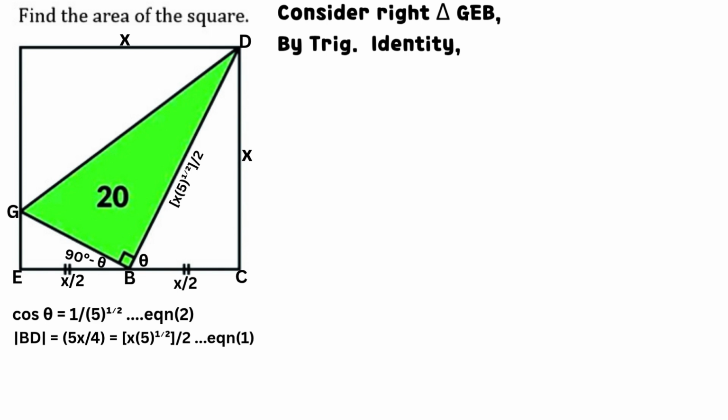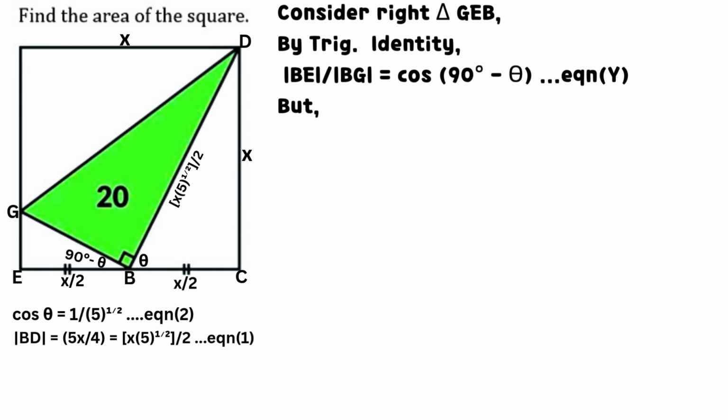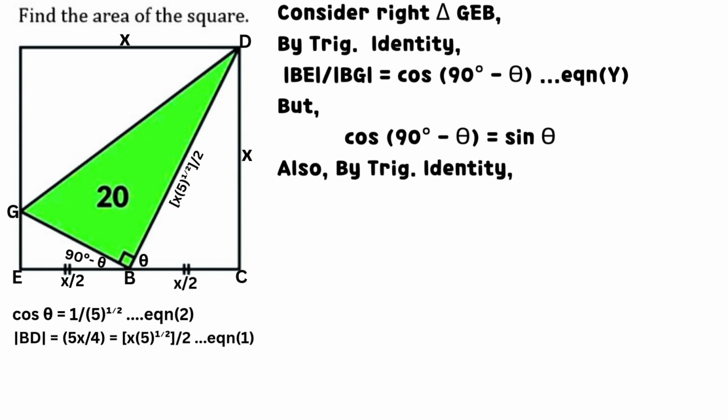Consider right triangle GBE. By trigonometric identity, length BE divided by length BG equals cosine of 90 degrees minus theta. We call it equation Y. Recall that cosine of 90 degrees minus theta equals sine theta. Also, by trigonometric identity, sine theta equals the square root of 1 minus cosine squared theta.